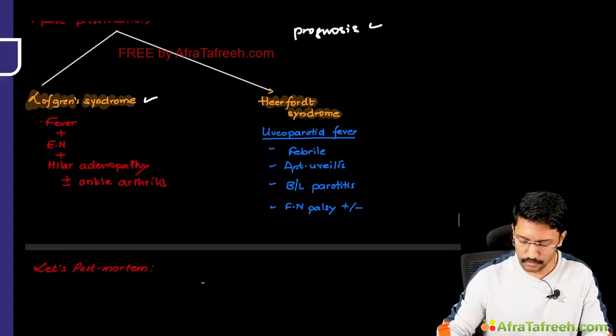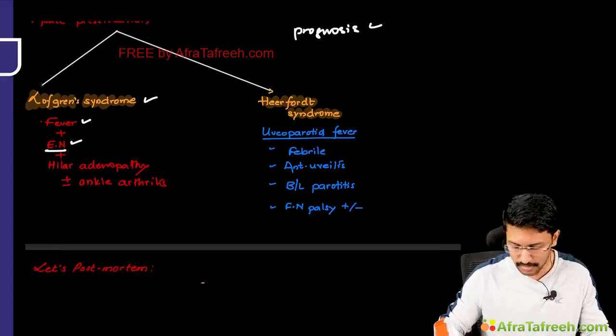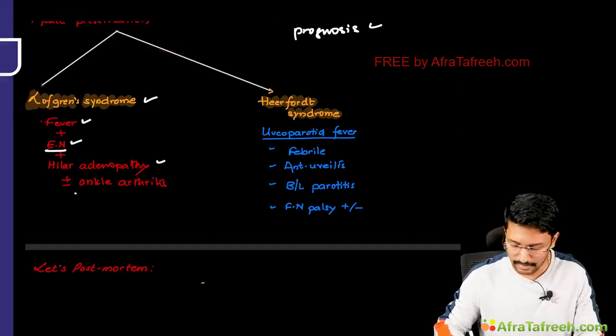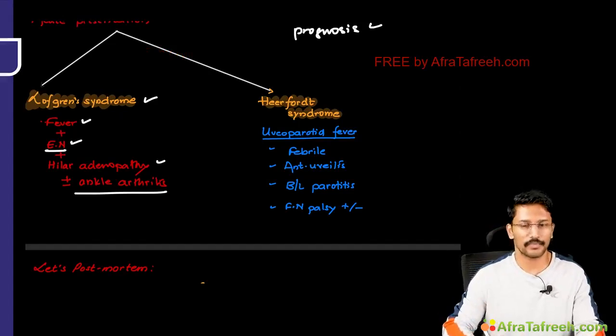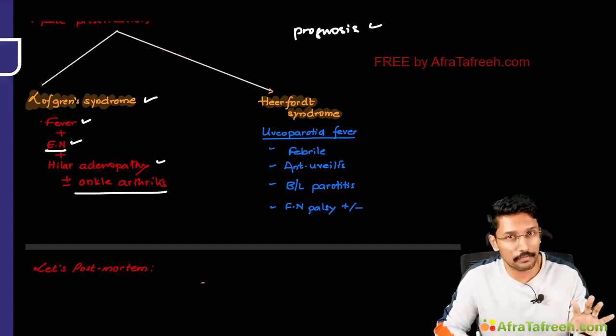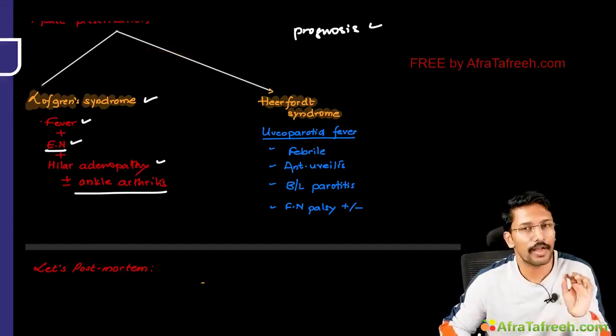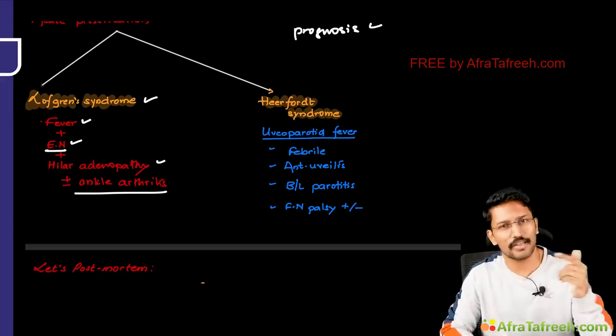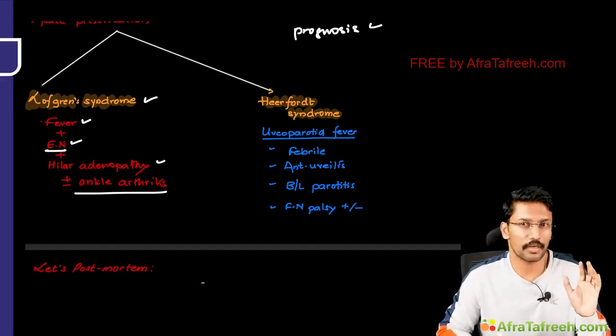So in Lofgren syndrome, usually patients present with fever, erythema nodosum, and hilar lymphadenopathy. Some of the patients might have ankle arthritis along with that. If you remember, when I defined the condition for you, I told you that it's a multi-organ disorder characterized by inflammation leading to non-caseating granuloma formation.